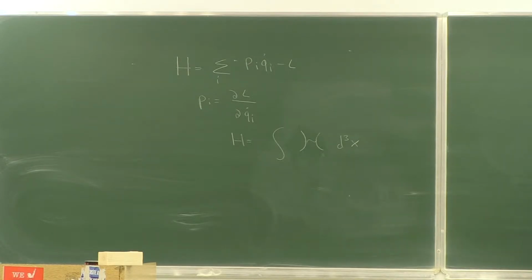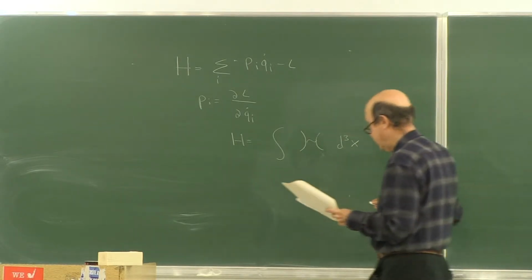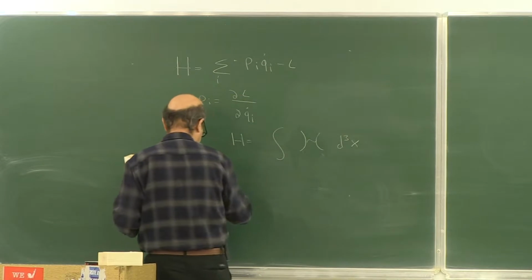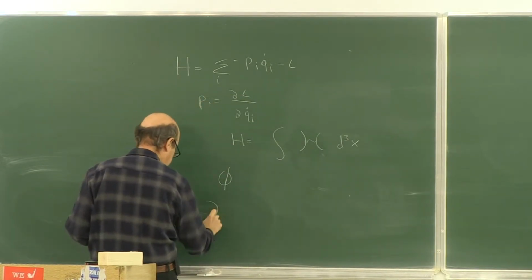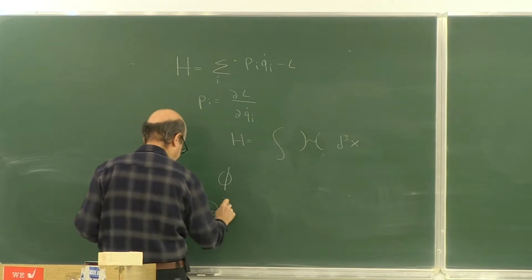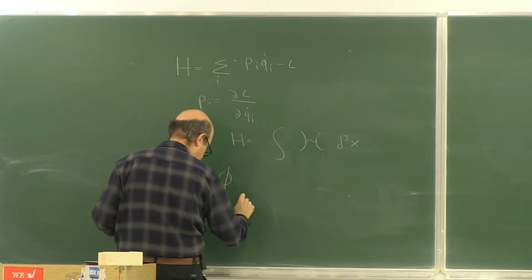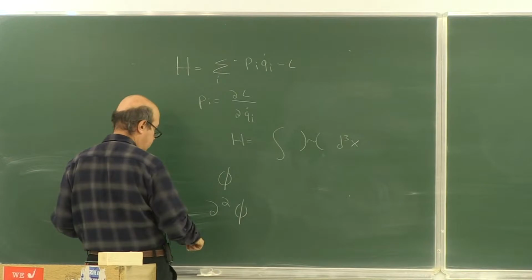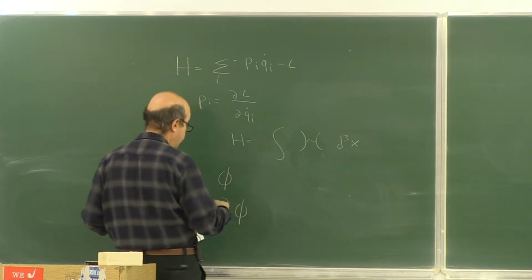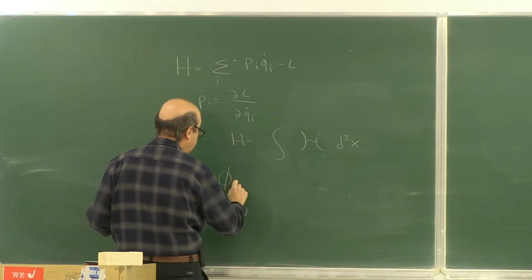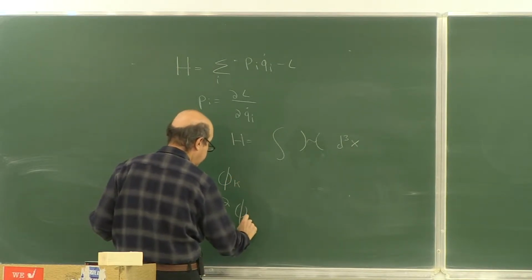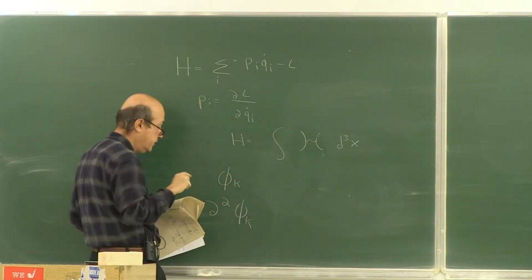So the coordinates are the fields and derivatives of the fields, which correspond to velocities, and that could be more than one field, more than one field at any location of space-time.